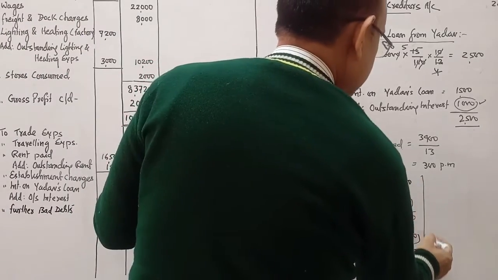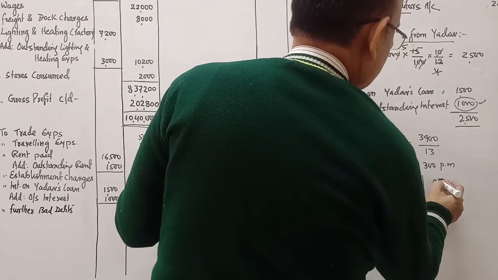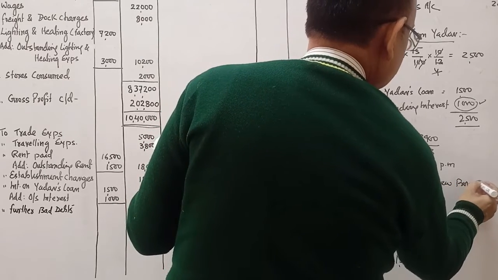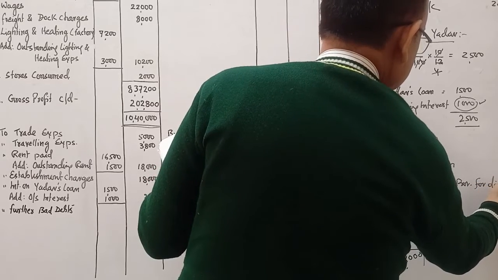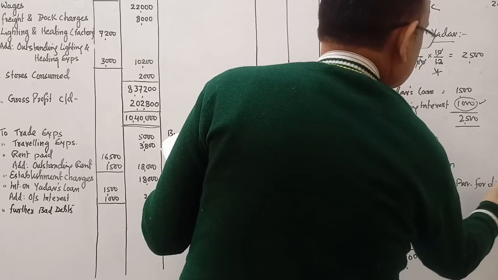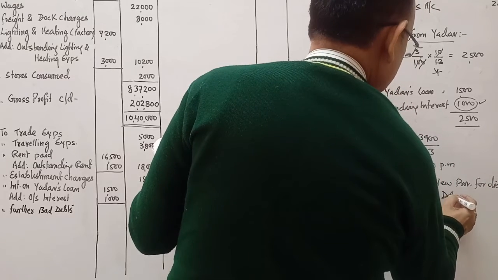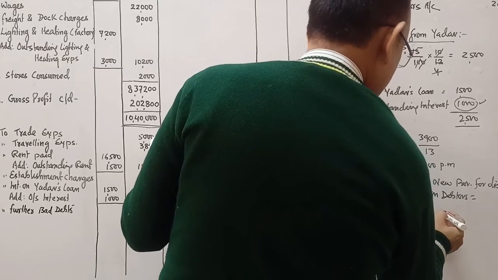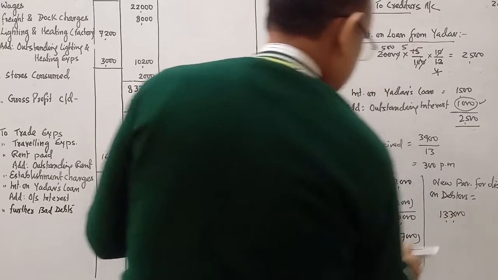Now you calculate the new provision for discount on debtors. It will be calculated on 1,33,000, this amount.